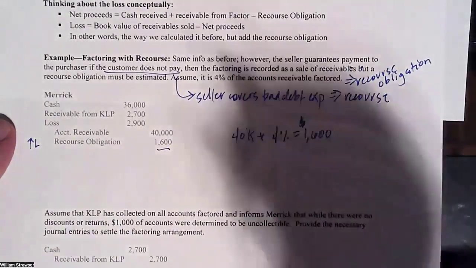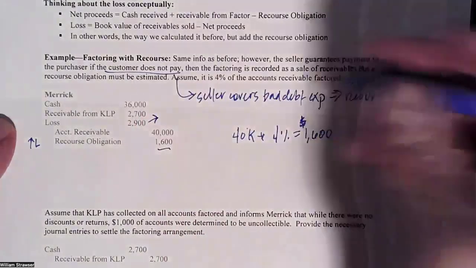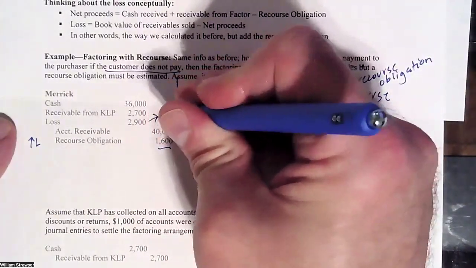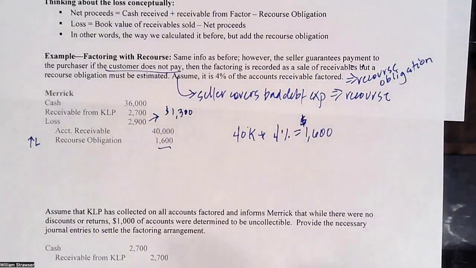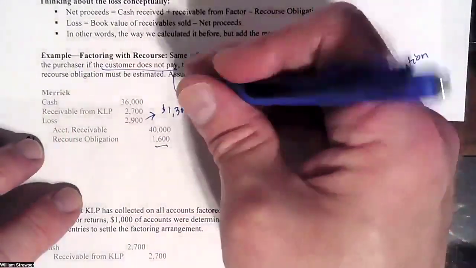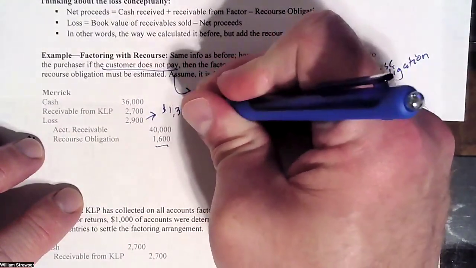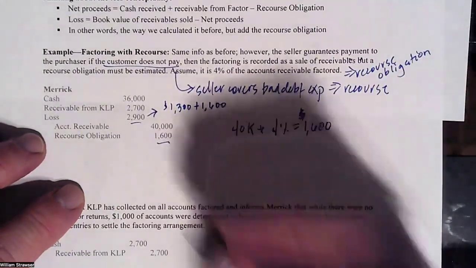And that is added directly to the loss from before. Remember, the loss from before was the 1,300. That consisted of the factor fee of 2% and the reduction of fair value of the receivable from KLP by the seller. Now we're just adding the 1,600, and that gives me the 2,900 altogether.